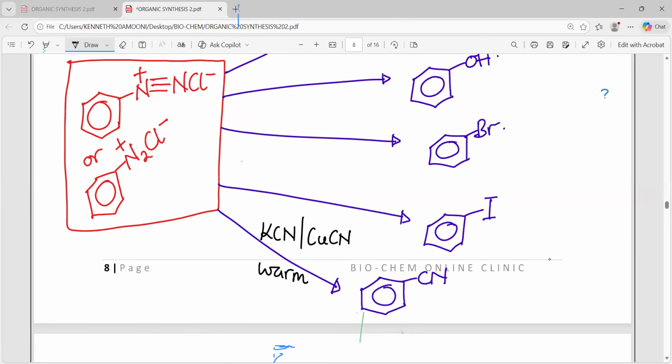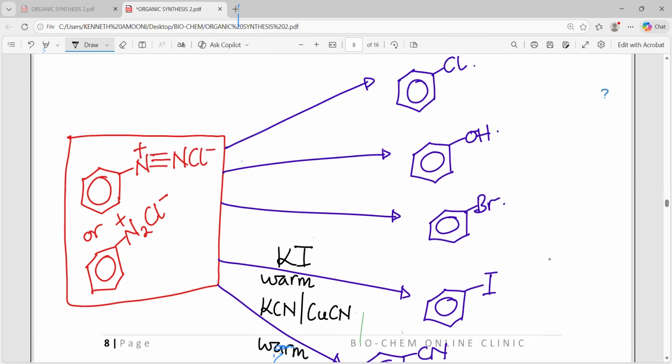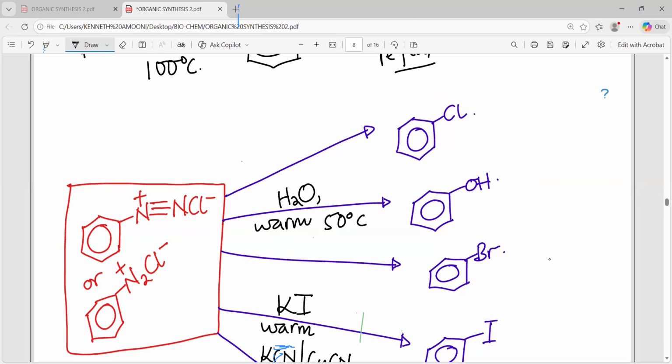To iodobenzene, you use potassium iodide, and then you ensure that you warm. To phenol, you just use water, and then you're going to warm at 50 degrees Celsius. To chlorobenzene, what are you going to do?